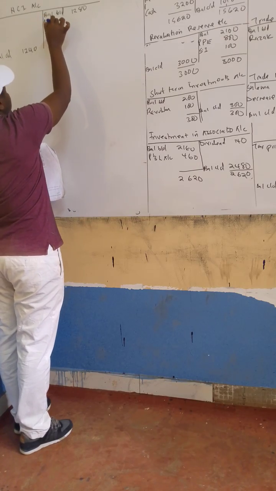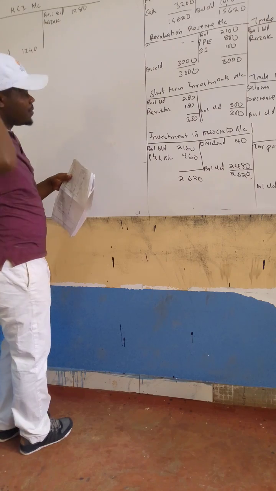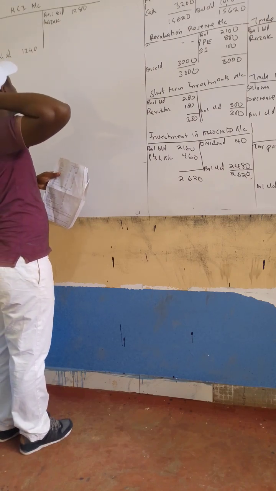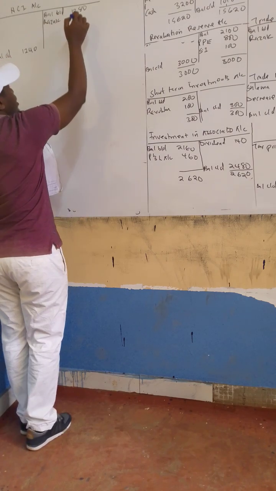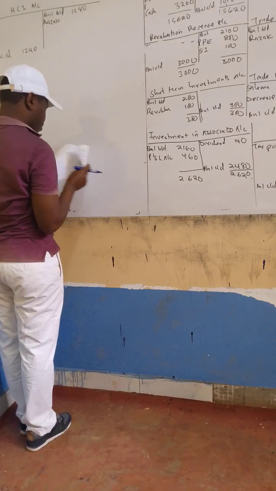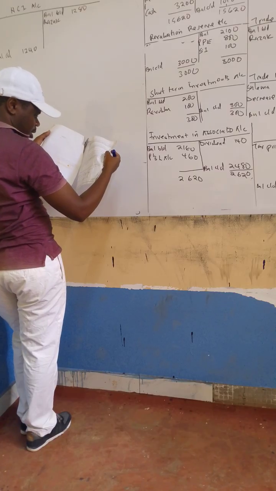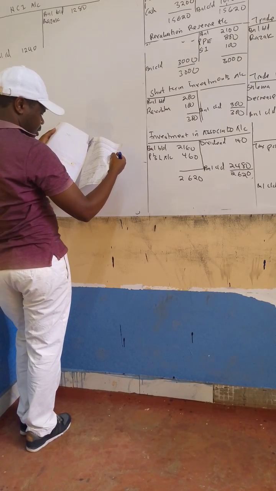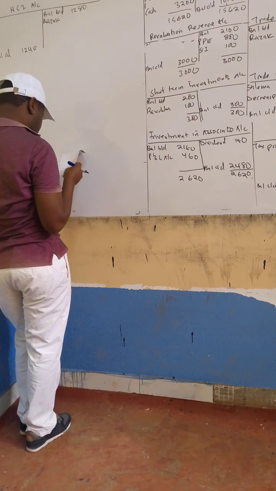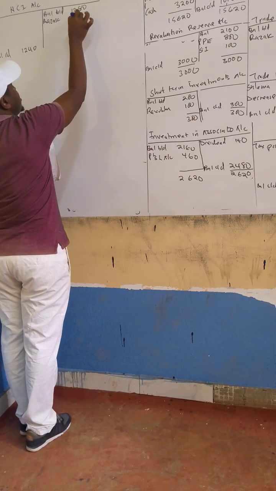Razak, of course, we are also going to apply the NCI fair value to know how much fair value this company came with. The NCI fair value for Razak, we were told, was 1360. Note number 1, 1360.